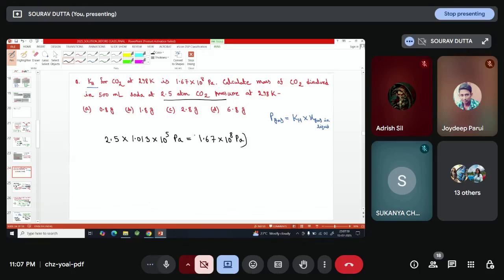Now the mole fraction of gas, that is basically carbon dioxide, so mole fraction means mole number of carbon dioxide divided by total mole number. Soda water এর মানে কি, জল আর কার্বন ডাইঅক্সাইড, water and carbon dioxide, that is the meaning of soda water.